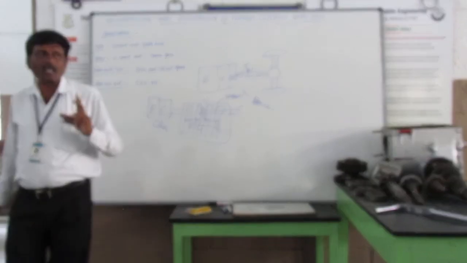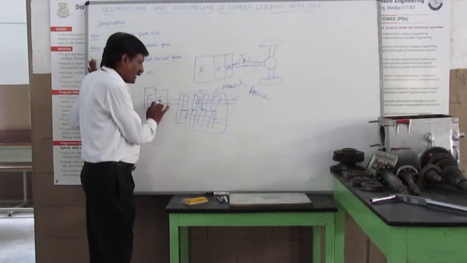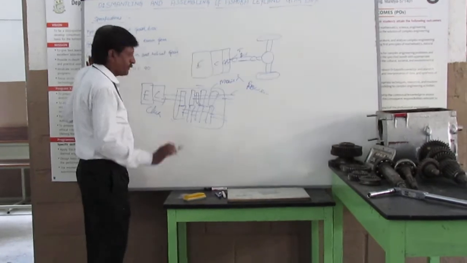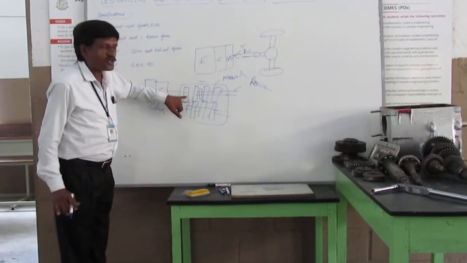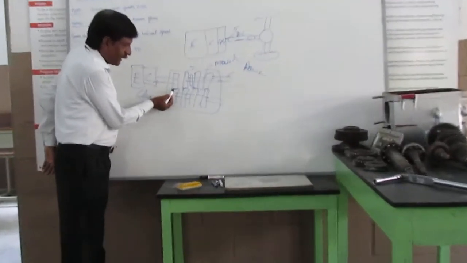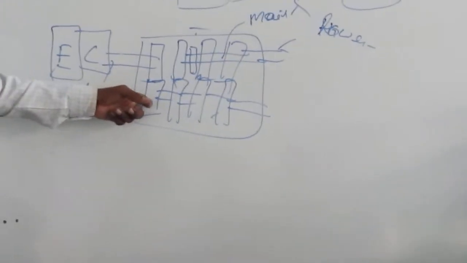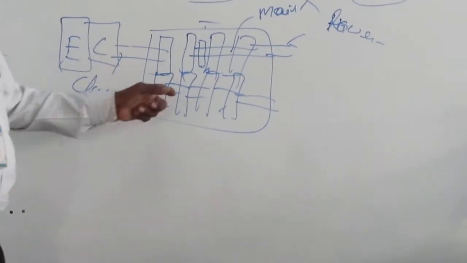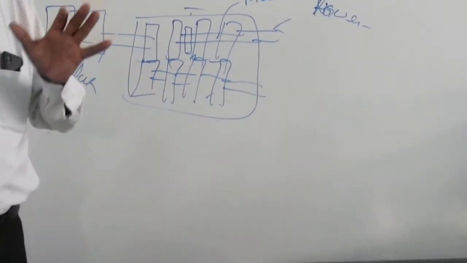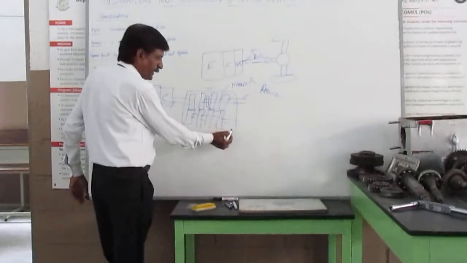Once the engine is started and the clutch is in engaged position, the gearbox input shaft rotates. Based on the number of teeth on the gearbox input gear and the counter shaft, all the gears on the counter shaft are rigidly connected to the shaft and run at constant speed.